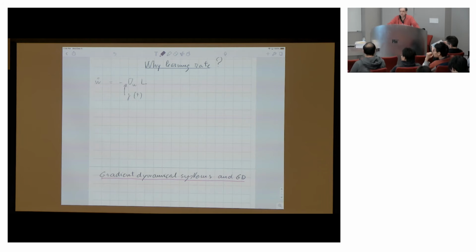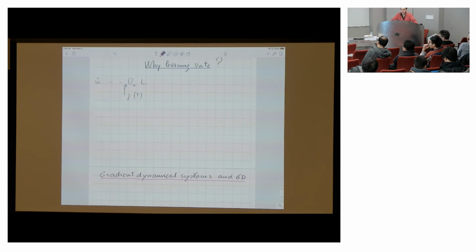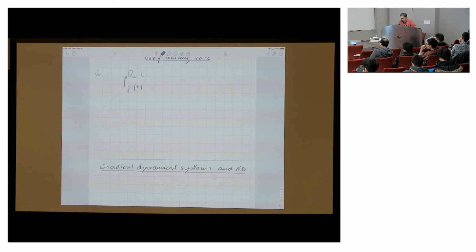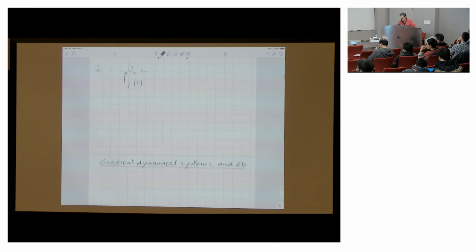In real use, the learning rate is supposed to decrease slowly with time. In the rest of this, as I said already, I will neglect this, but the reason for having a learning rate decreasing in time is the following.